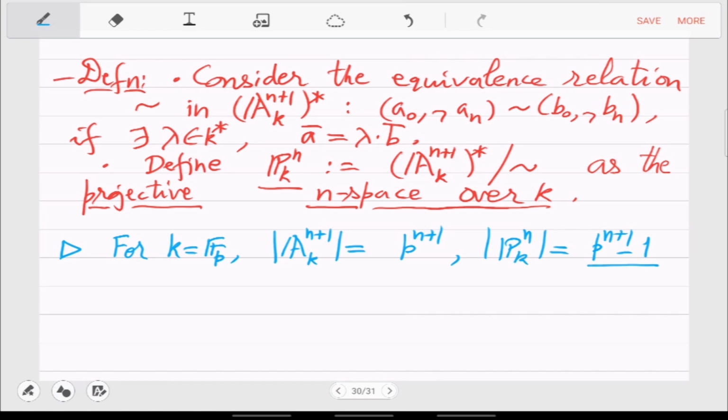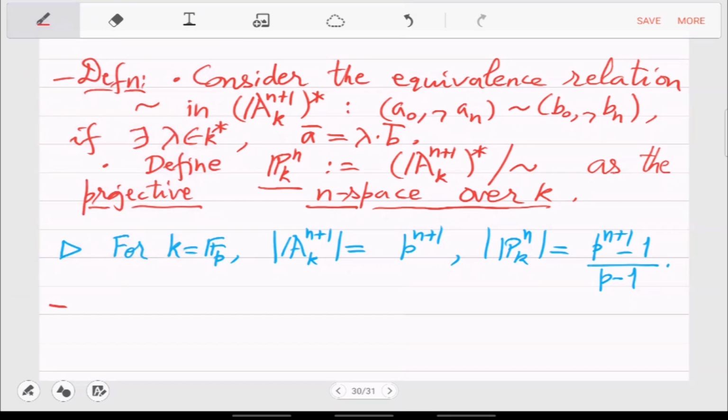So you have to divide by the possibilities of lambda, which is P minus 1. So that's it. Yeah, so projective n space in particular has more points than the affine n space. Okay, and it's not a power of P, it's a sum of these powers.